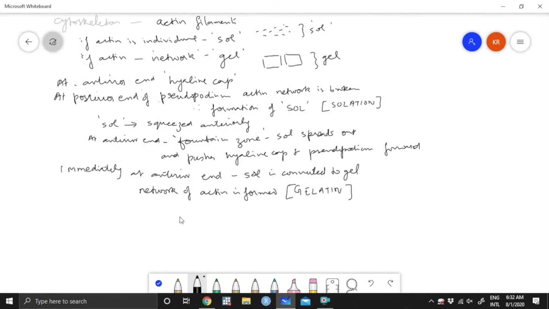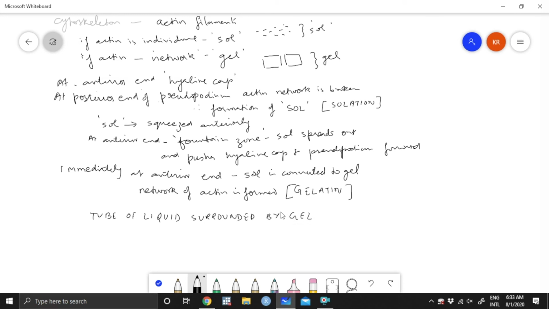So how we can imagine this? We can imagine that there is a tube of liquid surrounded by a gel.